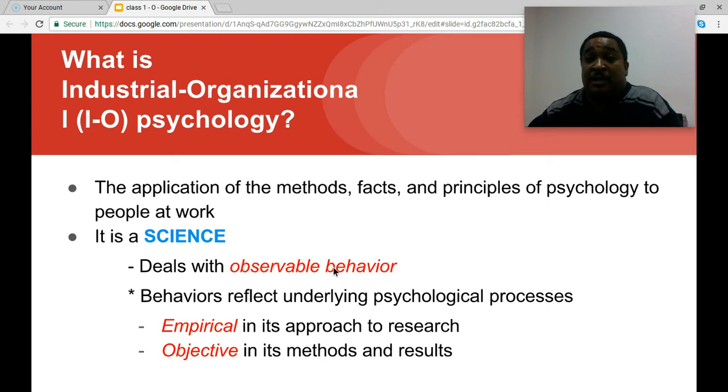However, in IO psychology and in the research that we will be looking into, people will have gone into the factory, they will have observed people, and then they will have tested this theory amongst others that might use light bulbs that aren't so good, using different types of light bulbs to see which is the best before they say light bulbs in a factory are important. Okay? So just remember that what we're dealing with is a science.